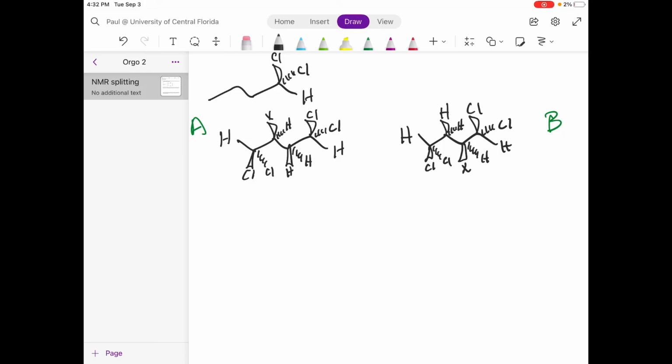What if I took B and just totally rotated it this way? Okay.